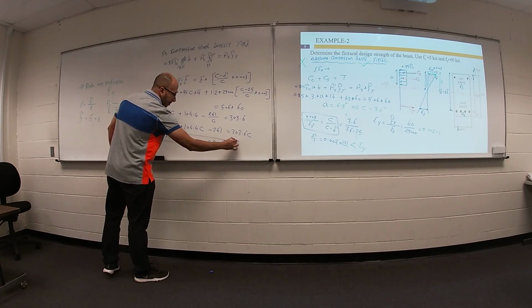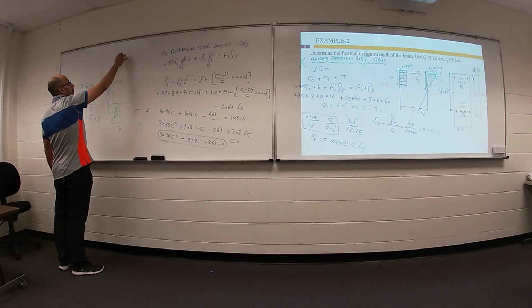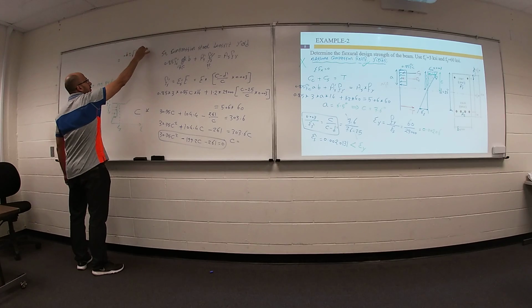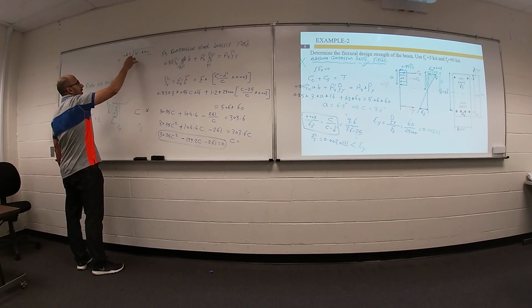What is the value of c? Minus b plus or minus square root of b squared minus 4ac, divided by 2a.